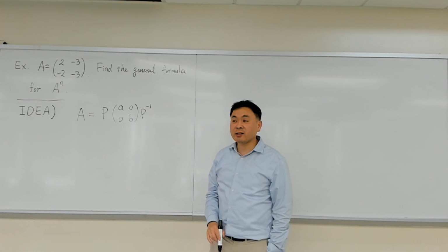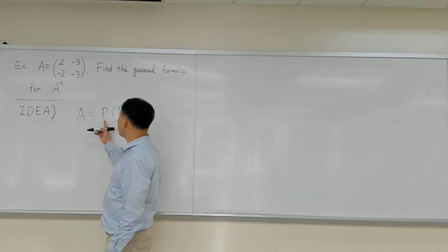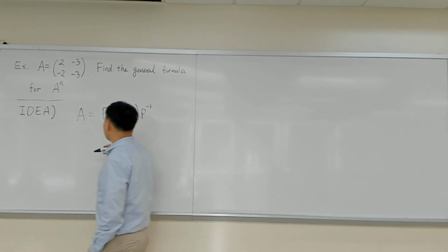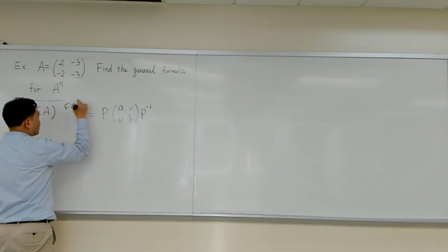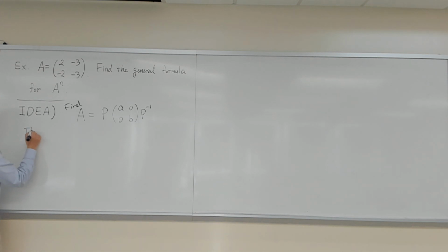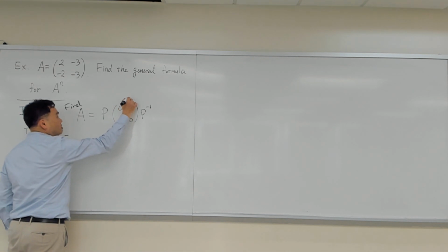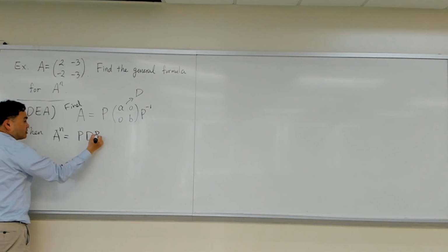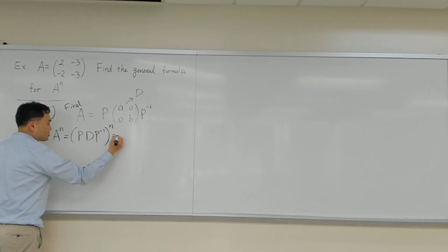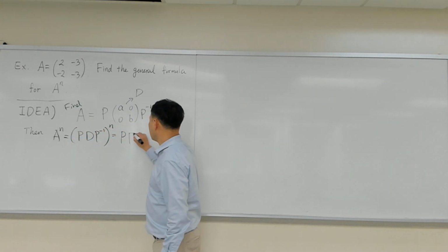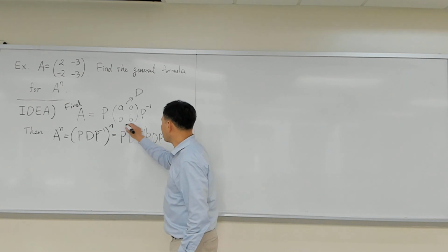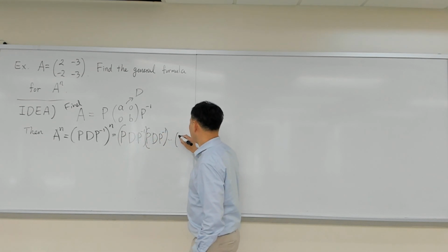So if you can find A as some 2 by 2 matrix times some diagonal matrix times P inverse, then A to the n, let's call this D, is like P D P inverse to the nth power, which is P D P inverse times P D P inverse, multiplied to itself many times.